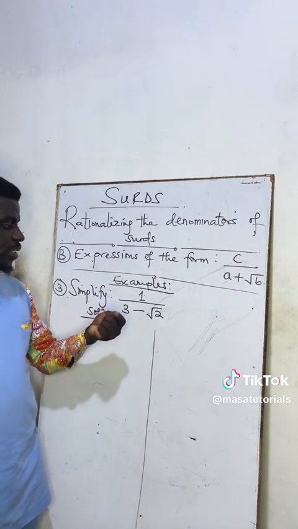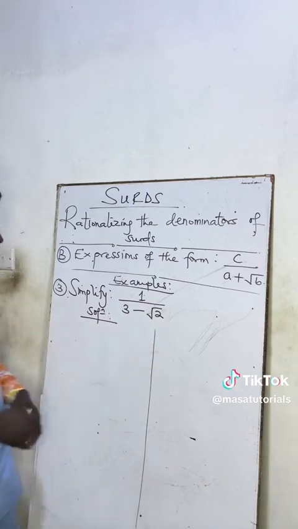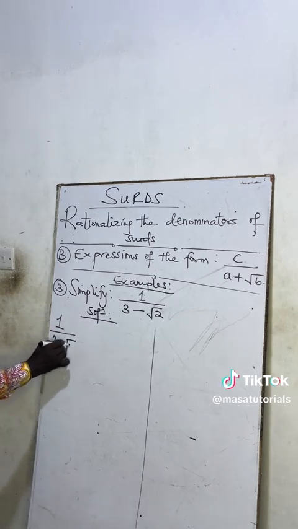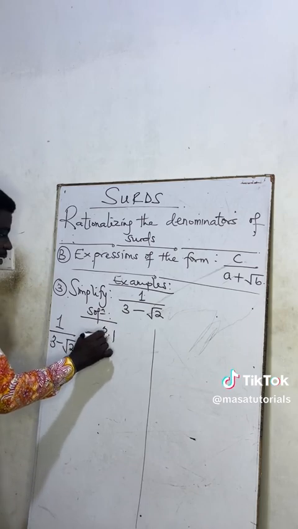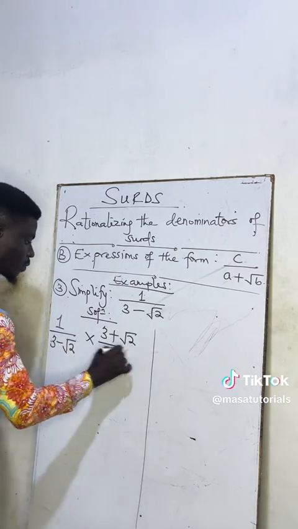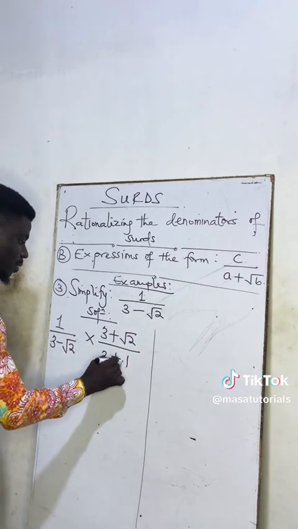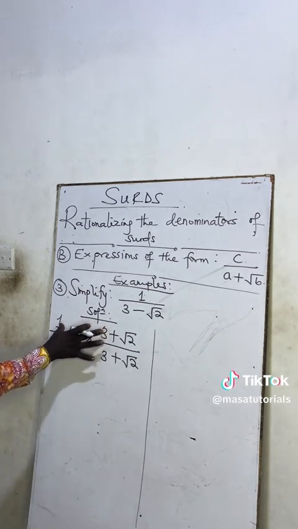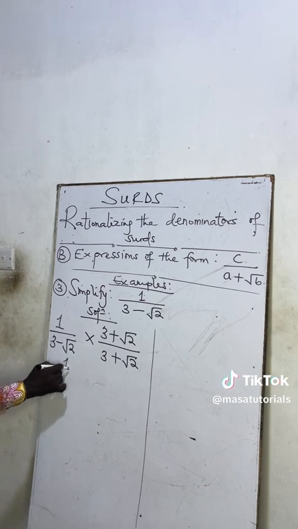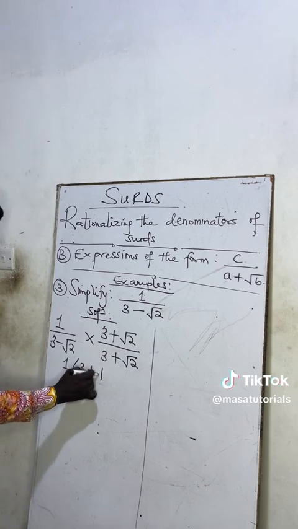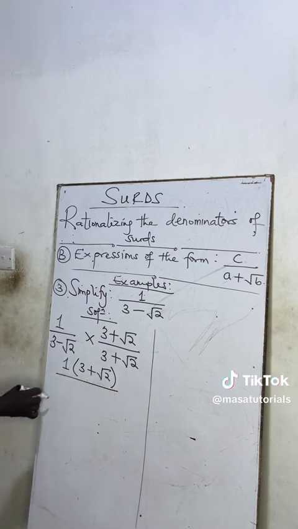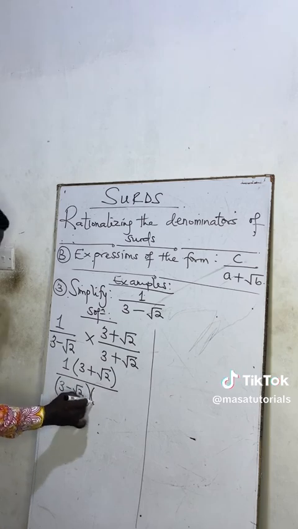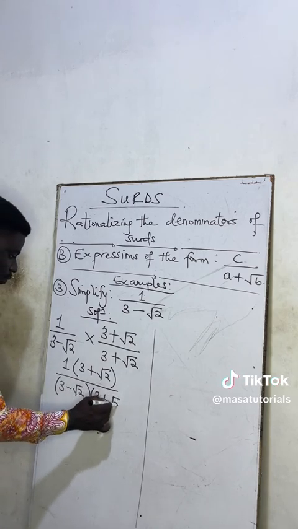Then we use the conjugate to multiply the numerator and the denominator itself. So we get 1 over (3 minus square root of 2) times (3 plus square root of 2) over (3 plus square root of 2). Multiplication of fractions: we multiply numerator, we multiply denominator. 1 times (3 plus square root of 2) all over (3 minus square root of 2) times (3 plus square root of 2).